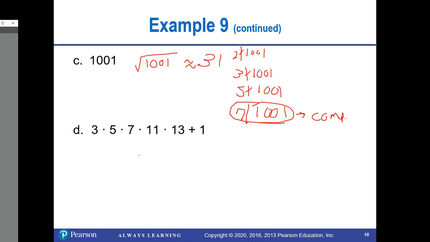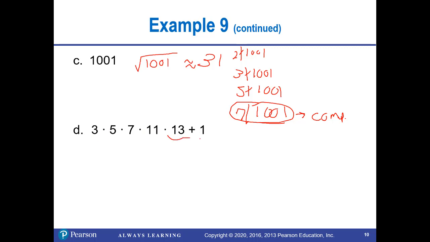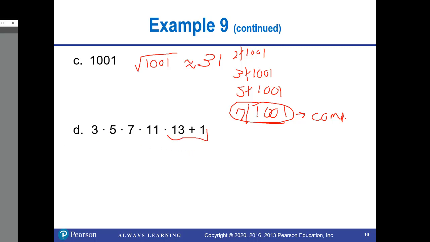Here we have something that looks really complicated at first. We say, well, this is a prime times a prime times a prime times a prime times what's going to be an even number. And here's our rule. Any odd number times an odd number times an odd number is going to be an odd number.